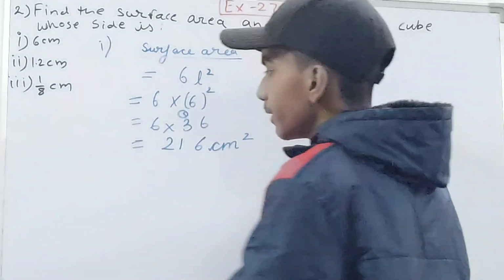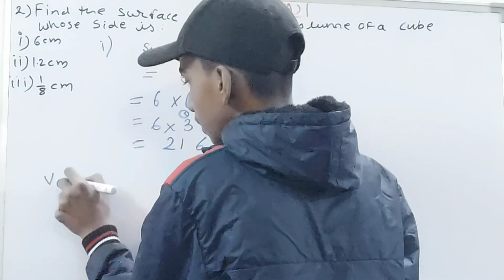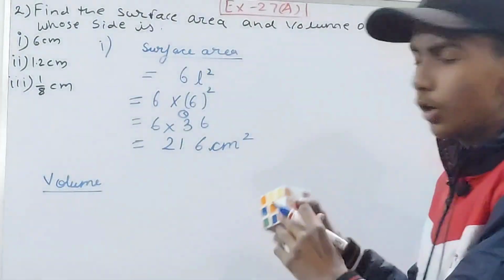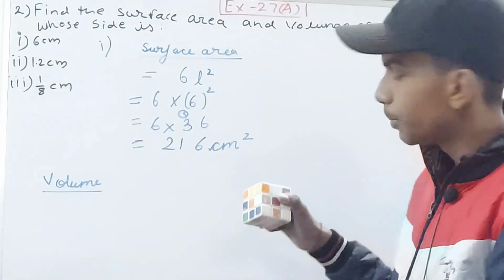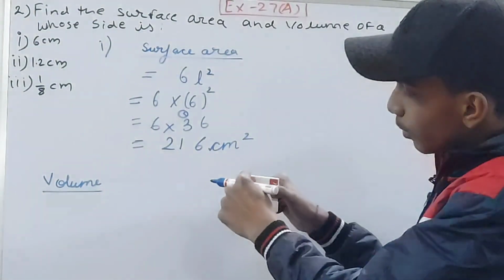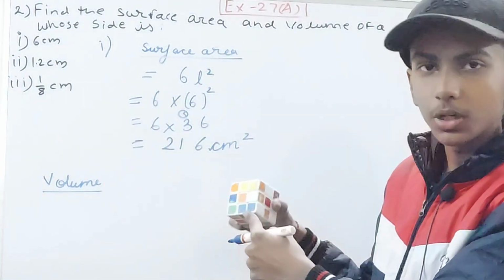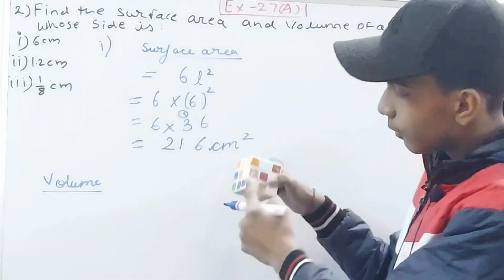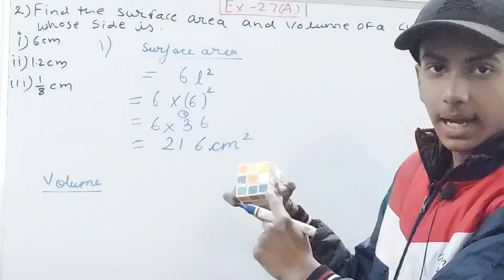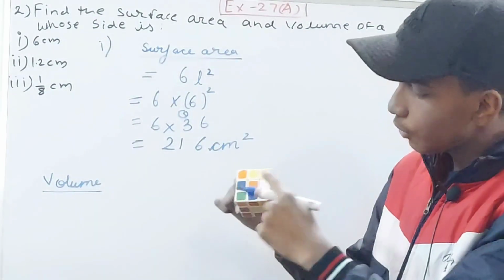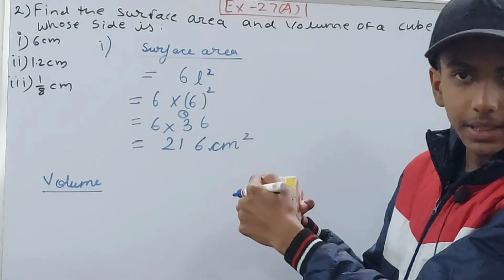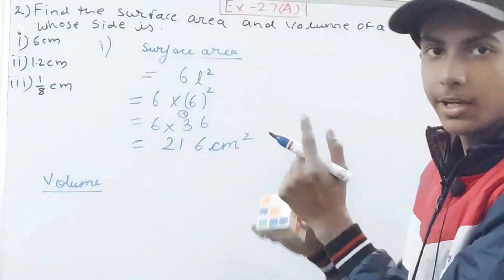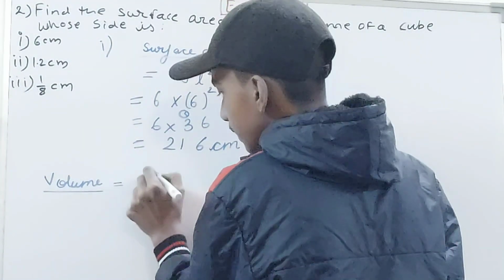Now volume also I will calculate here only. How do you calculate the volume? Volume is very simple. Just find the cube of the side. In place of a cuboid, where we multiply length, breadth, height, here length, breadth, height are L, L, L. Same thing, L into L into L, that is L cube.